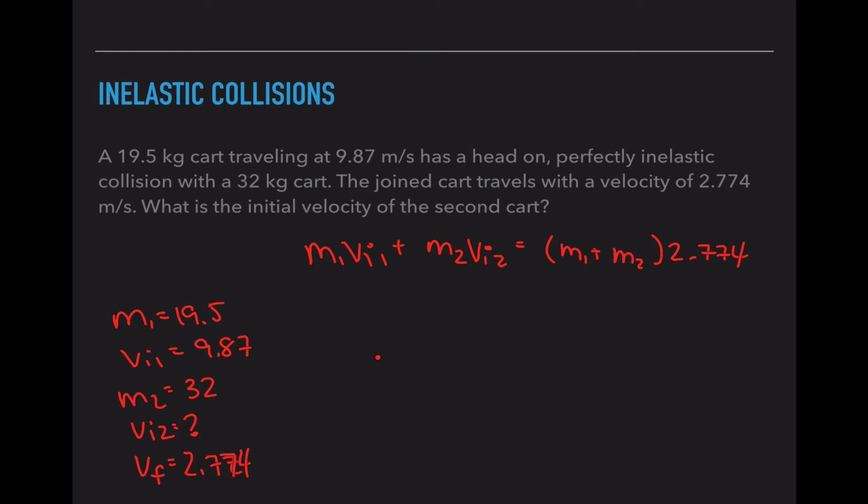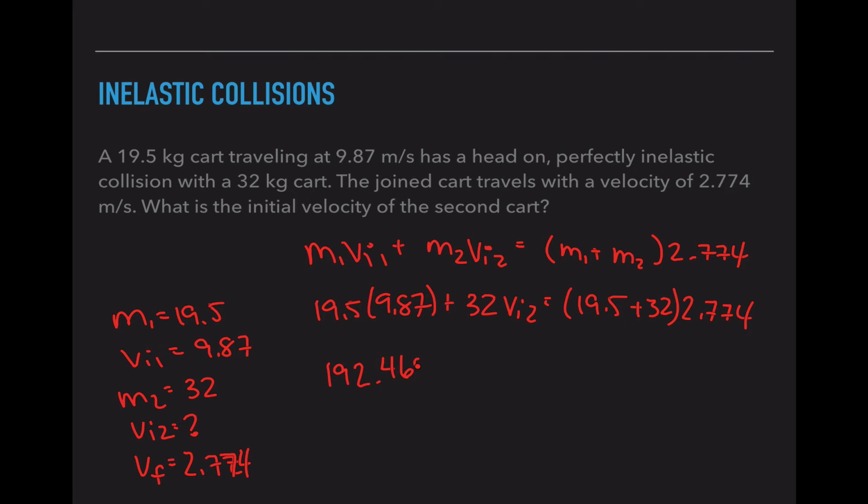So I have 19.5 times 9.87 plus 32 VI2 equals 19.5 plus 32 times 2.774. 19.5 times 9.87 is 192.465 plus 32 VI2, 51.5 times 2.774.